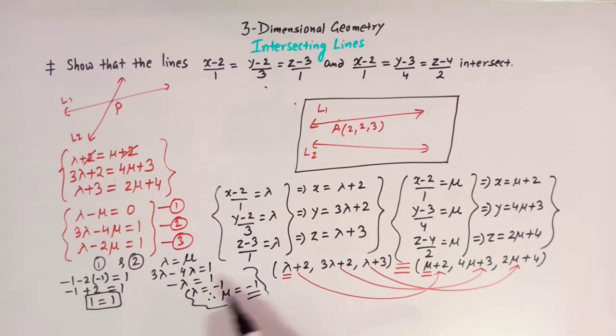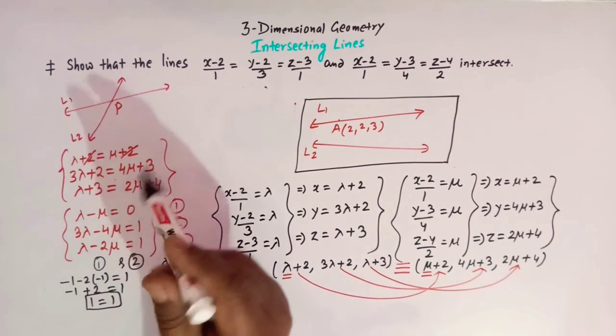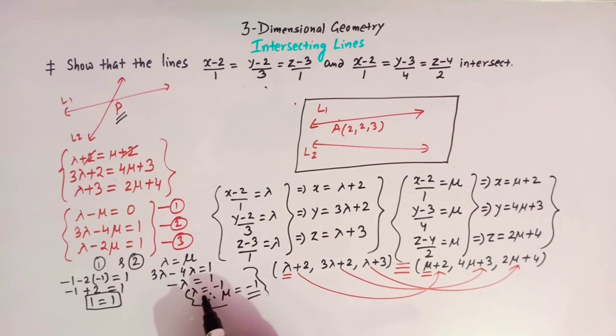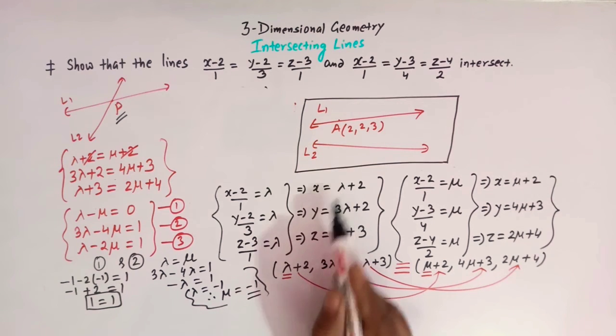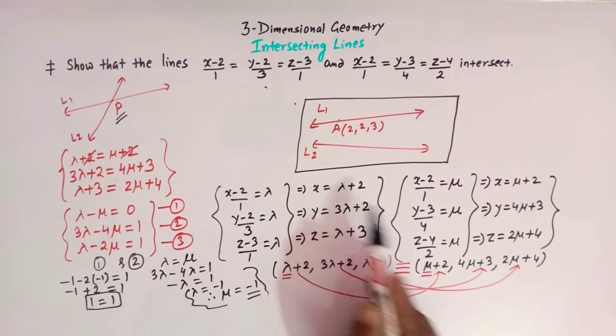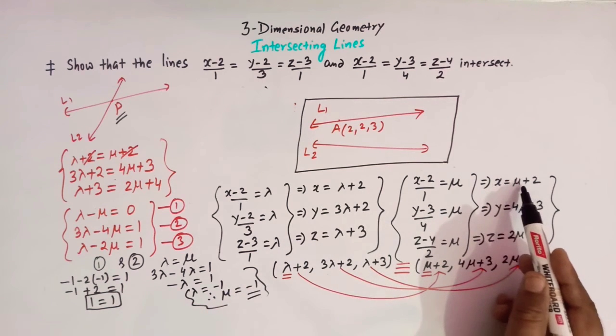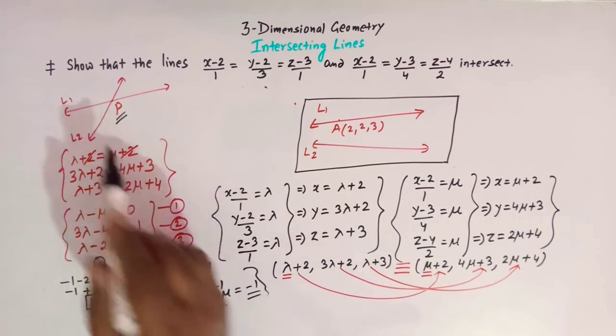Right, now here we can also find out the coordinates of this point P. So now we can substitute the value of lambda equal to -1 over here, or the value of mu equal to -1 over here to get the point of intersection.